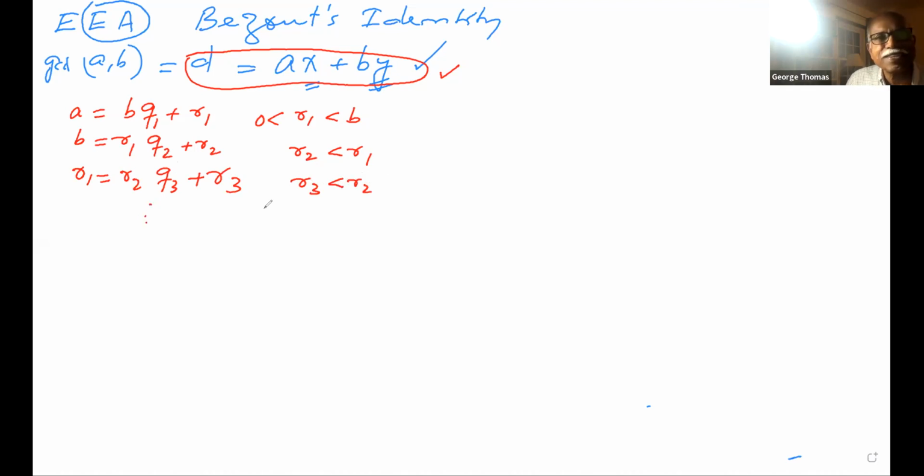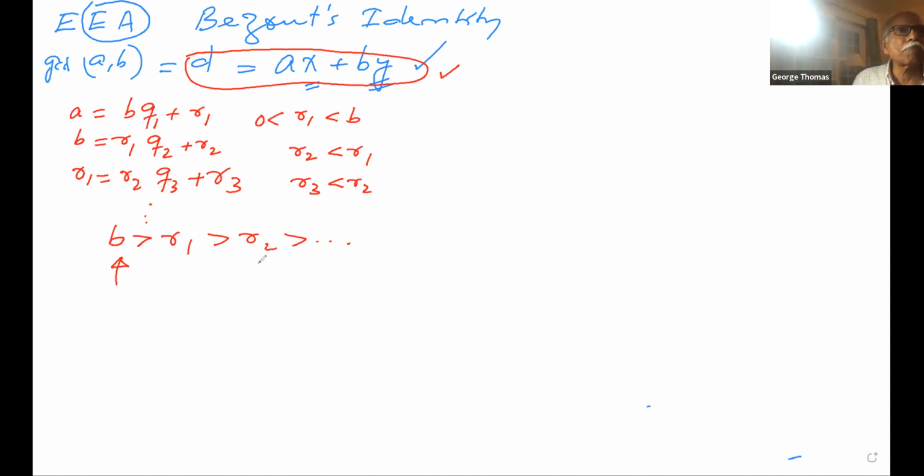Isn't that right? Yes. So what we are getting is like a loop where if the remainder becomes 0, then the loop ends. This must end because B is bigger than R1, which is bigger than R2, and so on. Because B is a positive integer, there are only at most B minus 1 integers between 0 and B, isn't it?